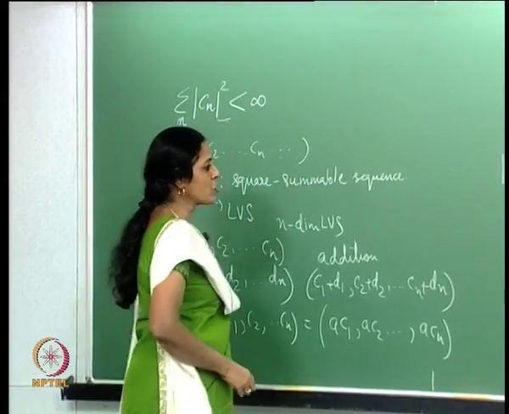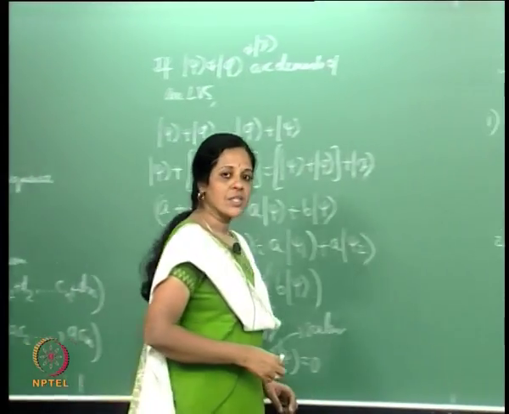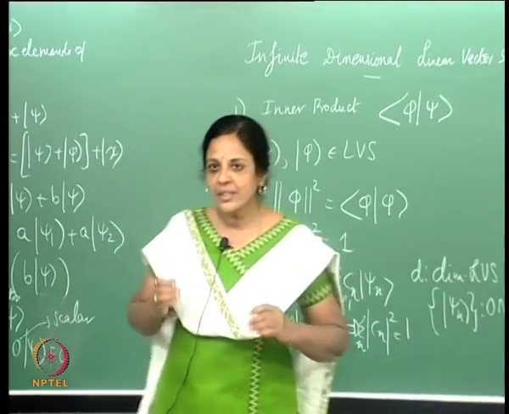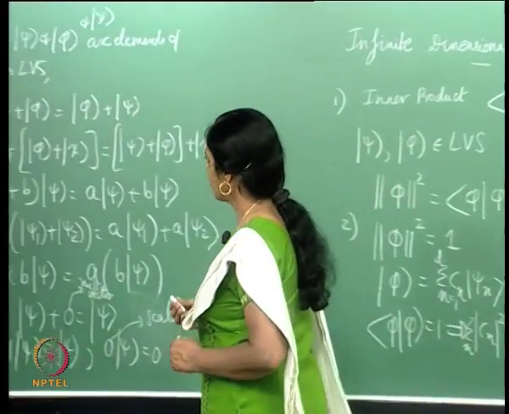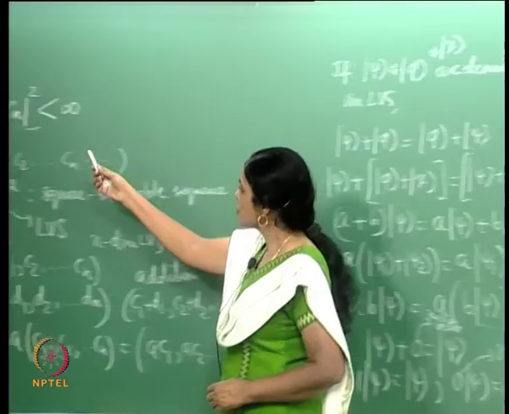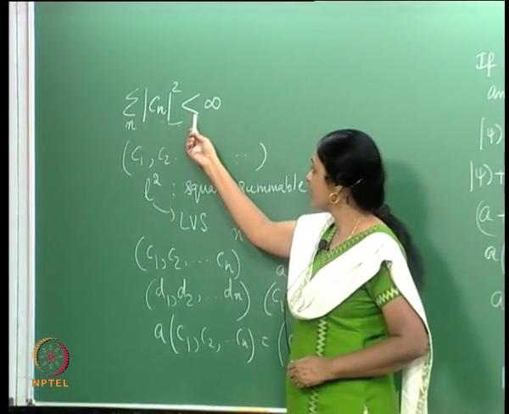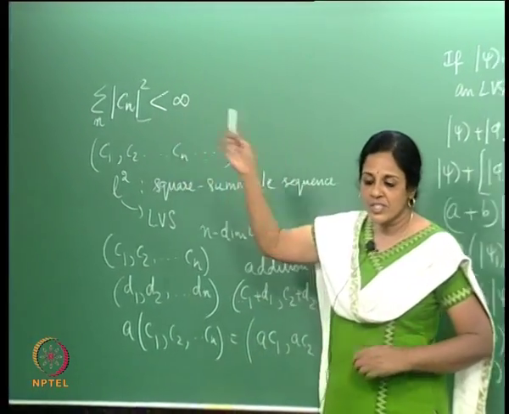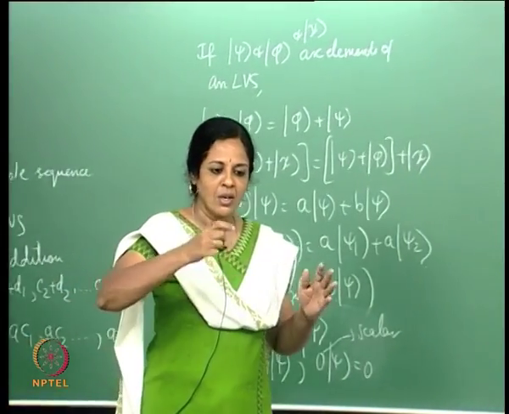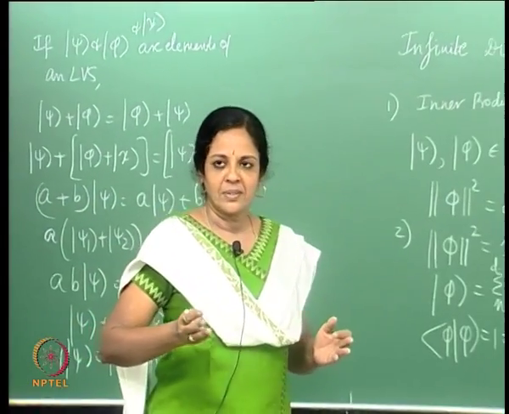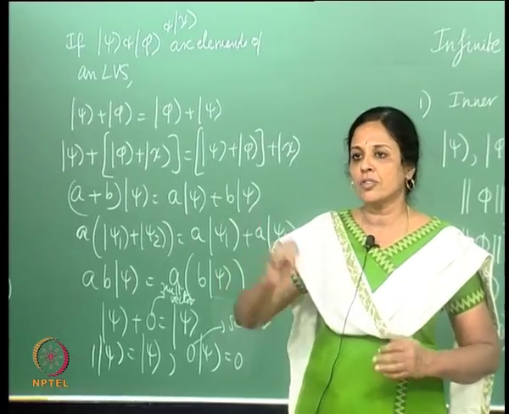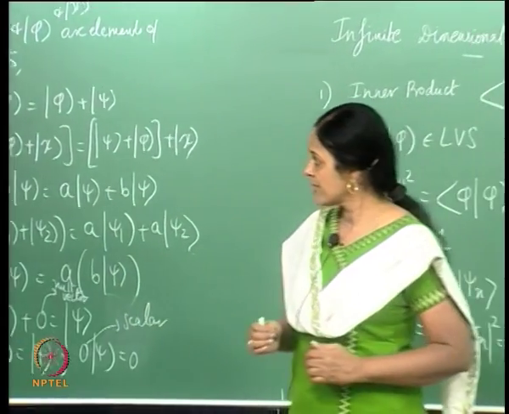This is the space of square summable sequences. It is evident that if I need the probabilistic interpretation of quantum mechanics, I need to say that summation over n of mod Cn squared equals 1, where Cn's are the expansion coefficients of a state of the system in terms of a set of basis states.